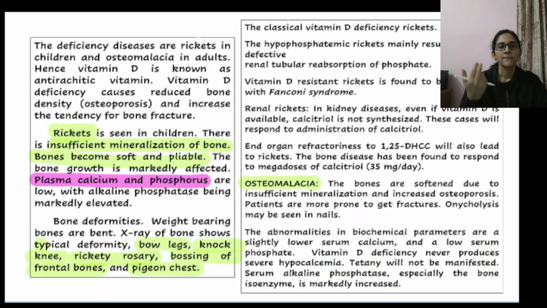Because you have secondary hyperparathyroidism, which is going to help in correcting the calcium levels, right? And you have alkaline phosphatase, which is markedly elevated. That you must remember. Alkaline phosphatase is markedly elevated. All right, so this is about your investigations.